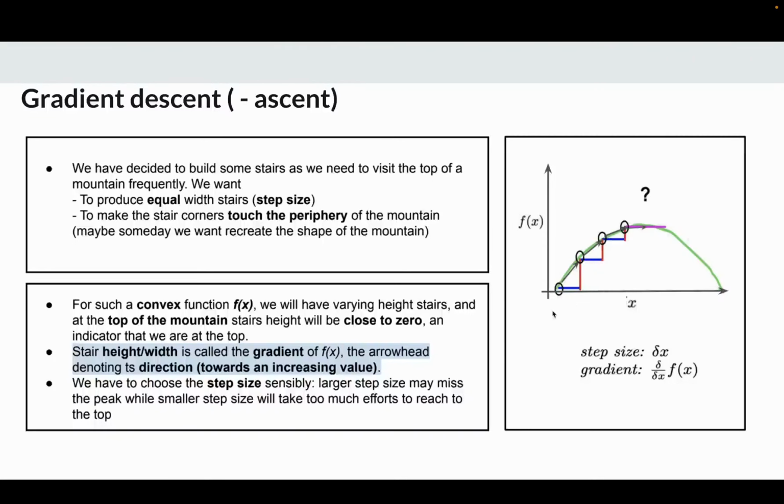One thing you need to track in gradient descent learning is that you are building some stairs to climb up the mountain, and there is one rule: your stair width should be the same, and your stair height will cut off the periphery of the mountain. This will give you the direction of your movement, just like climbing on top of the mountain.